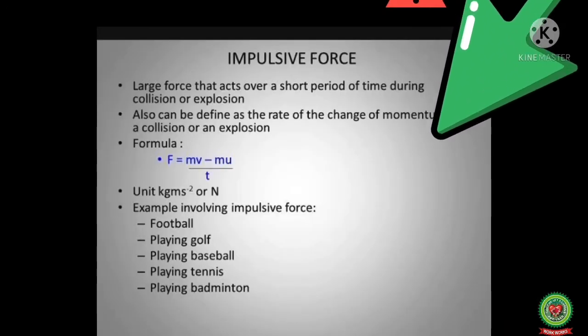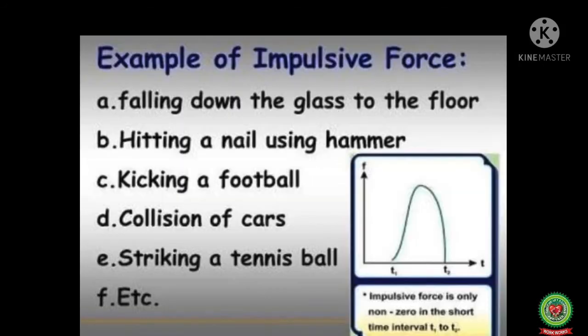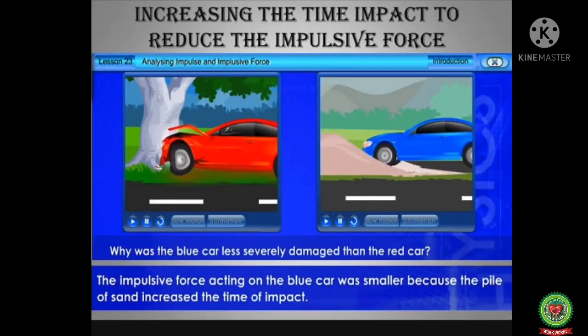Some examples of impulsive forces are collision between a hammer and a nail, bat striking a cricket ball, the punch of a boxer on the face of his opponent. This force is much greater than that of force of gravity, so it is called as impulsive force.